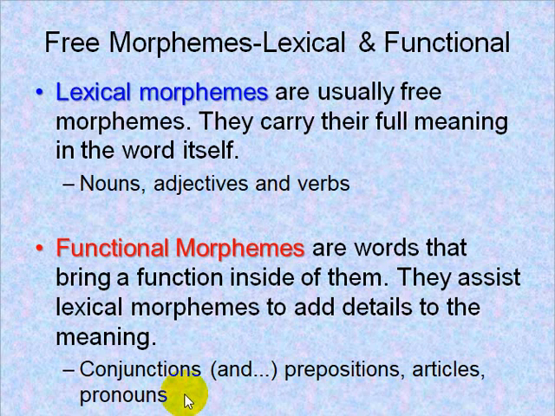Now here the meaning can be lexical or content or functional words. Now the lexical morphemes are usually free, not always, and they have the full meaning in the word or in the morpheme itself, the full meaning.